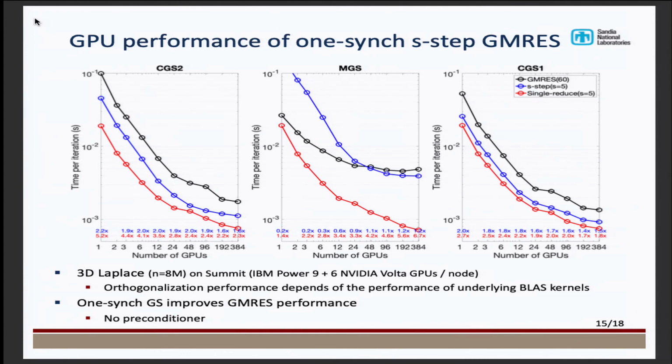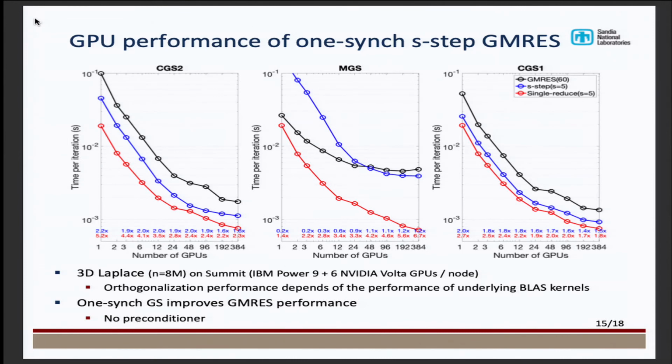But at least for this case, this black line is standard GMRES, and this blue is s-step using the traditional block orthogonalizations with multiple global reduces, and this red one uses this new single reduce version of orthogonalizations. One thing I should mention is that the performance of this orthogonalization kernel really depends on the performance of the underlying BLAS kernels.